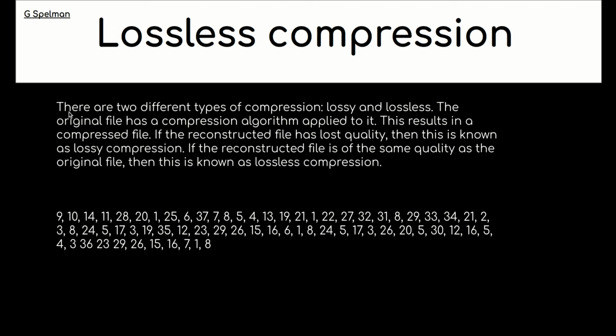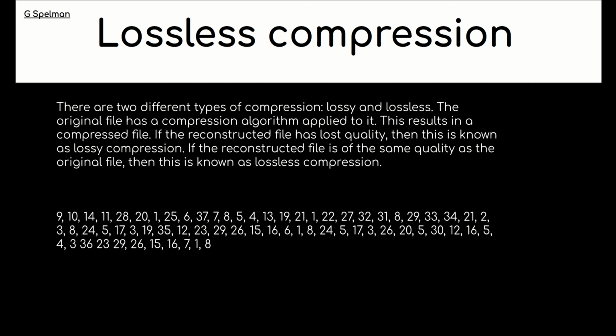So that's an example of something that should take 40 bits to store, but now we're going to do it in 8 bits. So that means we can have a smaller size of file, and yet we can reconstruct the original file using the table that I've shown you in the last slide, and we can reconstruct it perfectly.